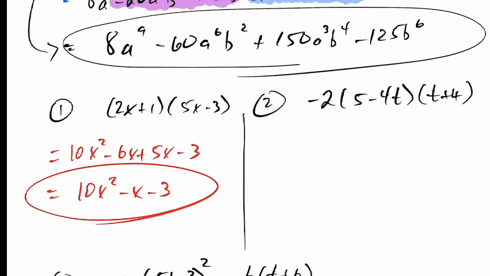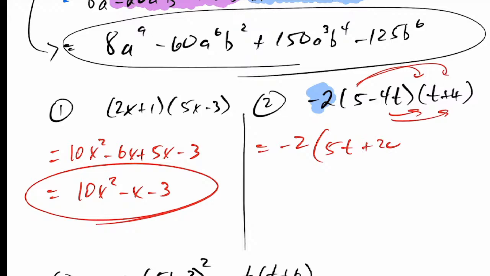Good, good? So same strategy with number 2, and we had talked about this. The coefficient in front you save for the end. So for this one here, you're going to put that 2 down, and you're going to expand out the product of this binomial here, to which you get 5t plus 20 minus 4t squared minus 16t. It doesn't matter, Nicole.